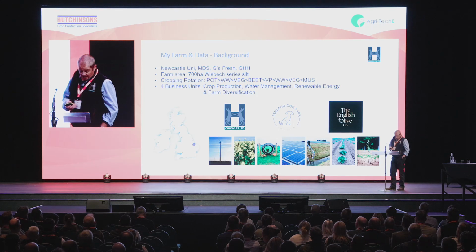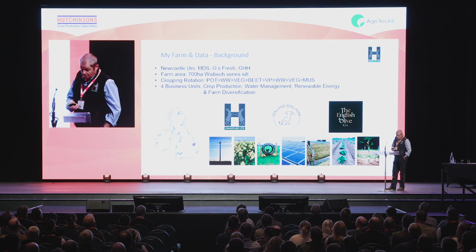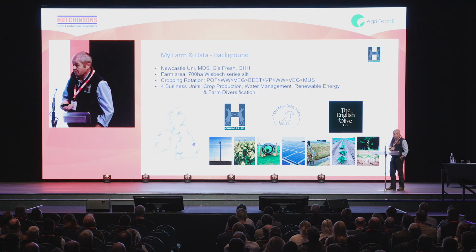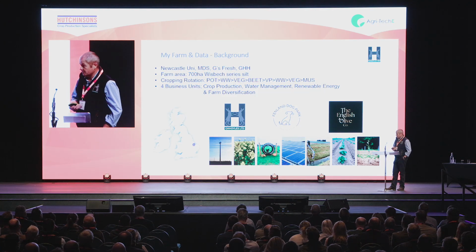We've invested in renewable energy, wind and solar, fairly early adopters, 2011 for solar and 2014 for wind. And then more recently, we've got into a bit of farm diversification with a dog park and an olive grove. So I'm going to be saying about how we use data in those different areas.